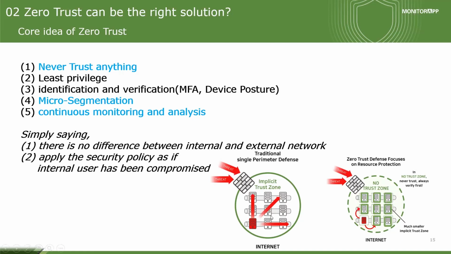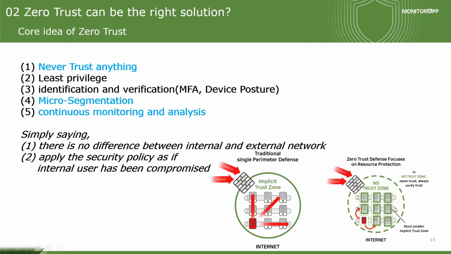If you see the image here, in the legacy network, if one resource has been compromised, the negative impact can easily spread to the other resources.